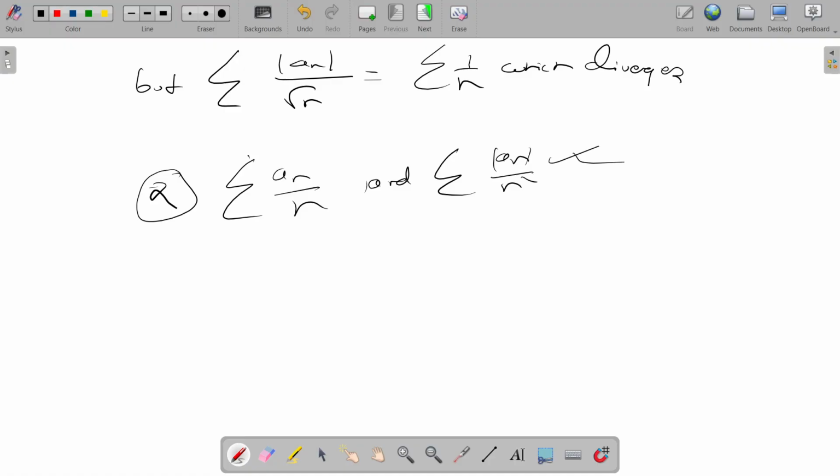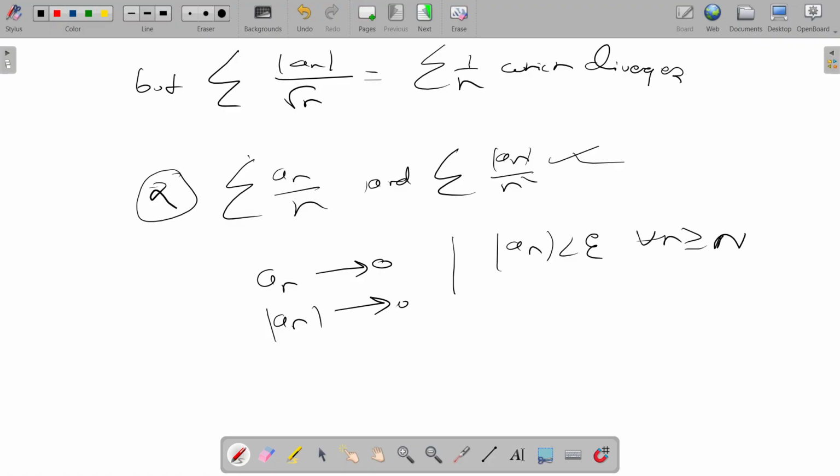This is pretty obvious because a_n tends to 0, so mod a_n will also tend to 0. Because we can take mod a_n less than epsilon for all n greater than or equal to some N, given any epsilon.